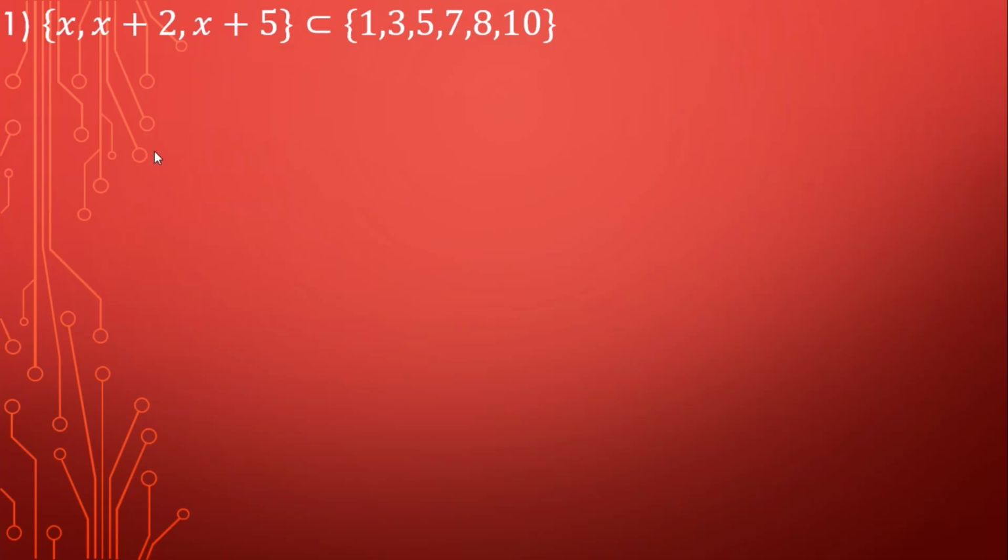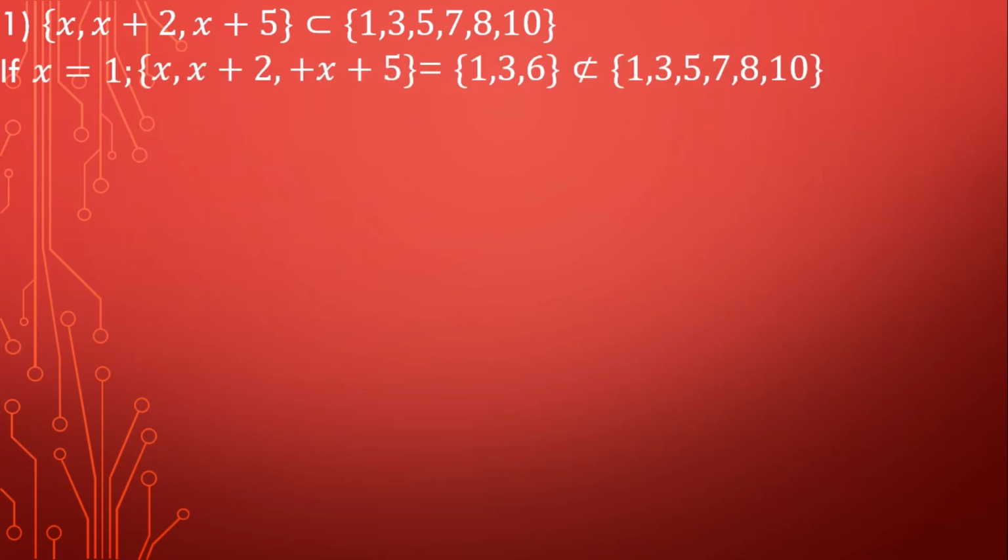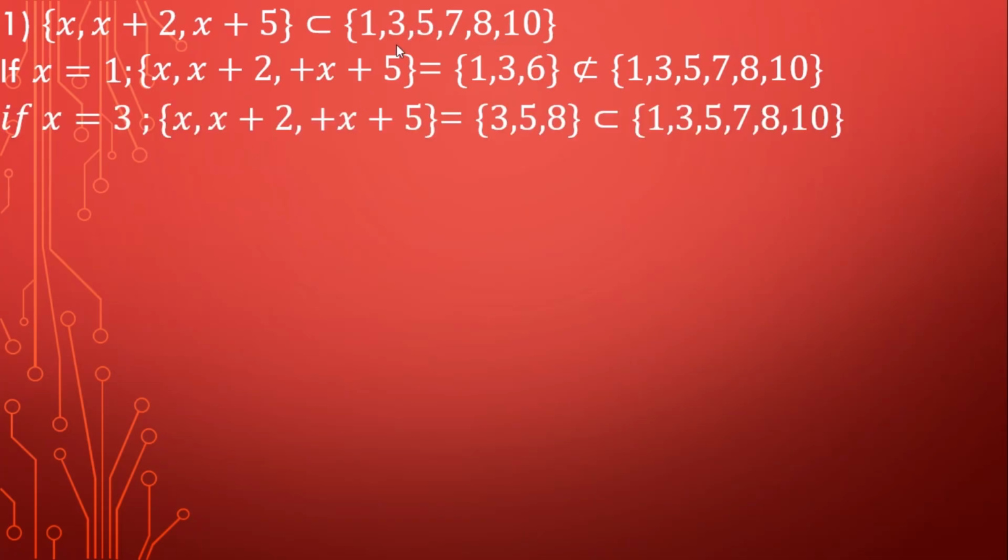If x equals 1, what do we get? This set is {1, 3, 6}. {1, 3, 6} is not a subset of {1, 3, 5, 7, 8, 10}. If we substitute x by 3, we get x plus 2, x plus 5, equals {3, 5, 8}. {3, 5, 8} is a subset of {1, 3, 5, 7, 8, 10}.